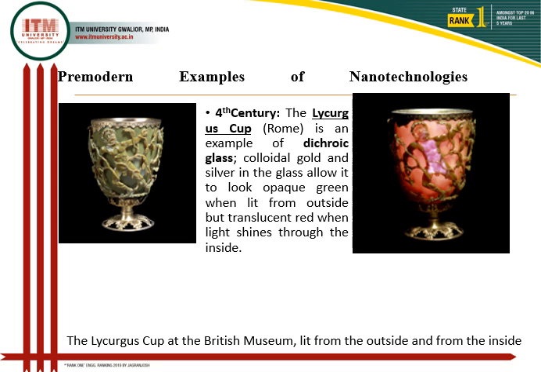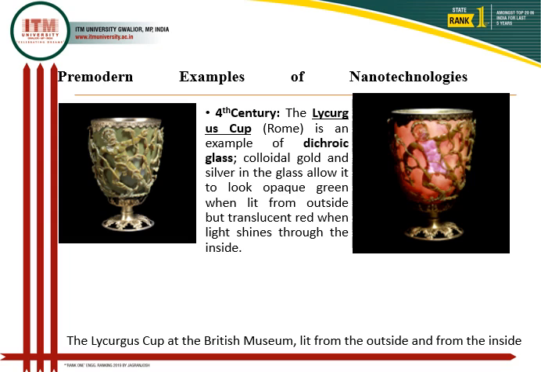It is assumed to be from the 4th century and made of colloidal gold and silver. Colloidal gold and silver in the glass allowed it to look opaque green when lit from outside, but translucent red when sunshine comes through from the inside.